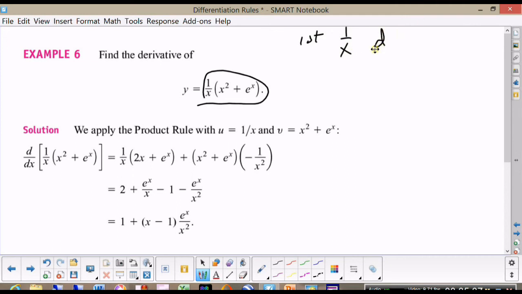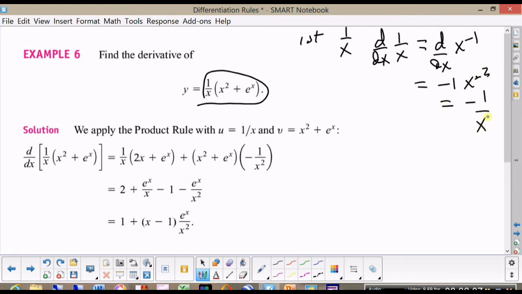Notice that d dx of 1 over x is going to be d dx of x to the minus 1, which is minus 1 x to the minus 2, which is minus 1 over x squared. So that's the derivative of the first.